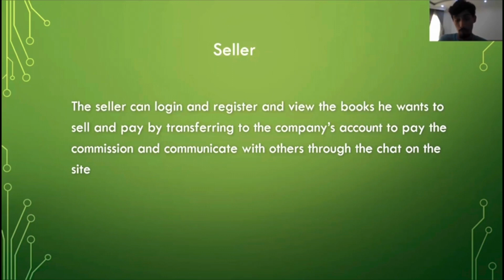But before he posts a book, he should pay the commission by transferring the money to the site account, and after that he can add the book in the system.